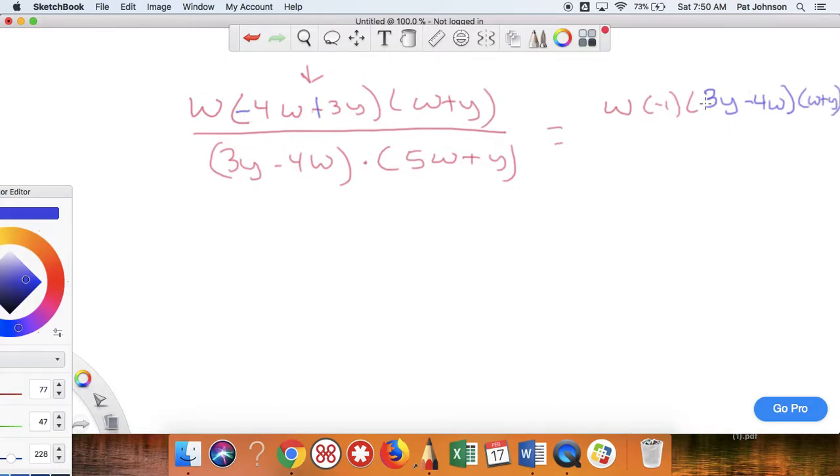Because it's factor times factor, I'm just factoring out of this factor here. So remember, I don't distribute the negative to everything because it's 1 per factor. So then I have 3y minus 4w times 5w plus y. Now these are exactly the same. They cancel out. Nothing else cancels out.